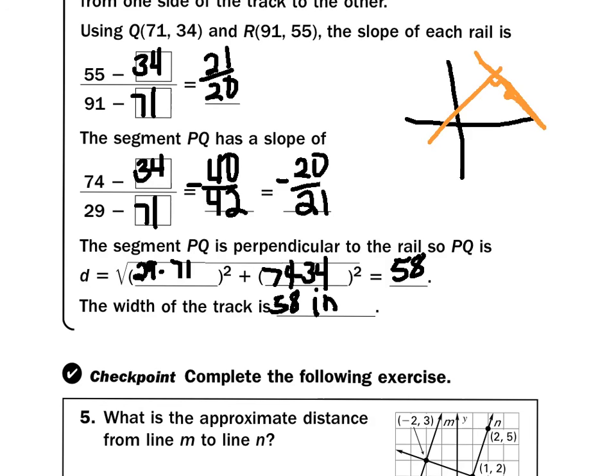We take the slope, flip it over, opposite sign, put in this point for the x and y, find the new b, and then we have the equation of that line. Then we need to find where the lines cross and take the distance formula between these two points right here. So it's a little bit complicated, but we can do it. Okay, go ahead and try that checkpoint at the bottom, and that's it for this lesson.